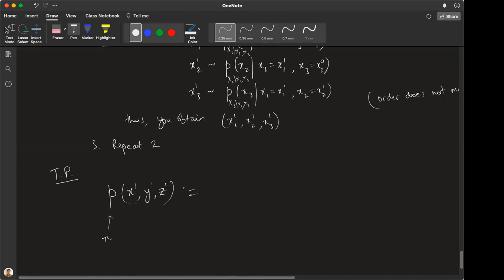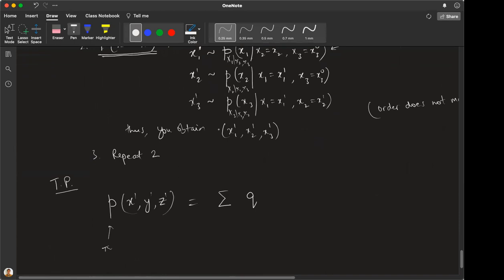Then this is equal to, if I apply this algorithm, where Q is my transition probabilities, let me call it T, the transitions from (x, y, z) to (x', y', z'), times P of (x, y, z), summed over all x, y, z.